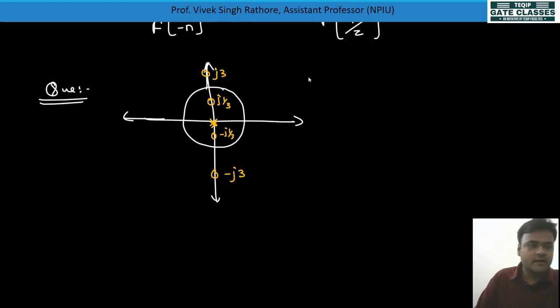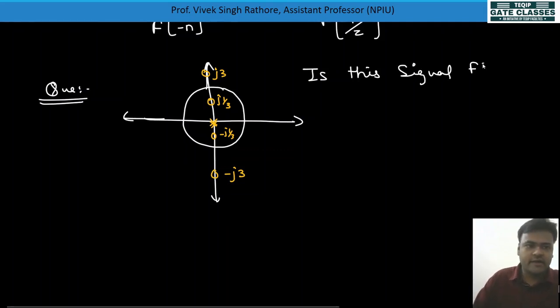It is asked, is this signal f of n even? Now we have to understand how to solve this question. What will be the approach?